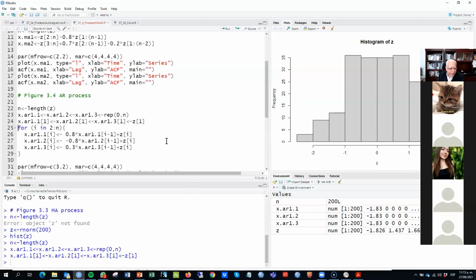And now I'm going to generate different models. I'm going to generate a model with phi equal to 0.8, another model with phi equal to minus 0.8, and another with phi equal to 0.3. Let me put a comment here.